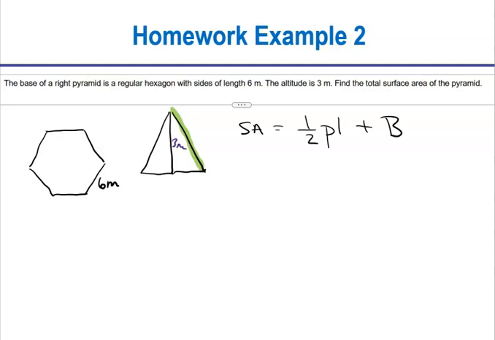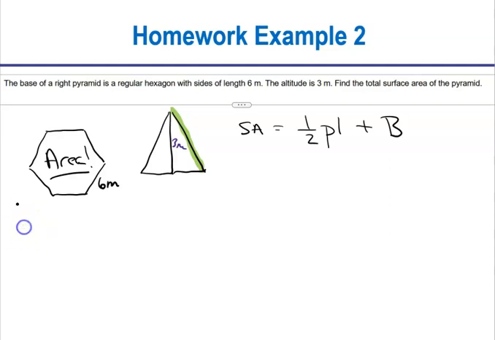So we're going to have to find the base of this pyramid right here. The area of the base. So we need to know the area of this thing. All right. Now, I don't know what part you want to tackle first. And you might be saying, I don't care. You just tackle it, right? Well, let's go ahead and work with this area over here. So way back, we talked about the area of an n-gon. We have a formula for that.